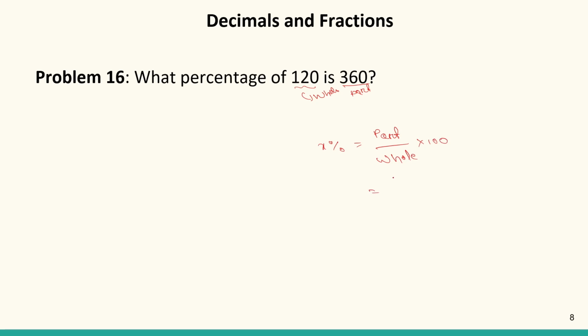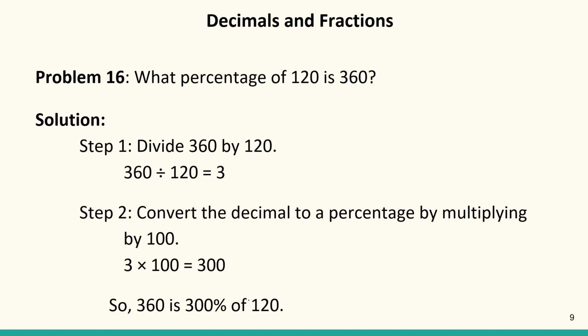Here the part is 360, whole is 120, into 100. We can cancel a 0 here, and 360 by 12 is 30, into 10, that is equal to 300%. So the answer is 300% here.